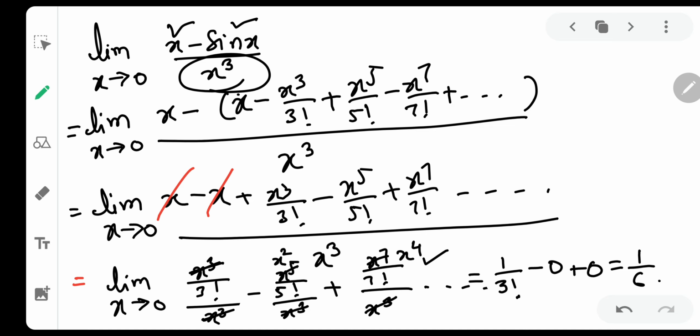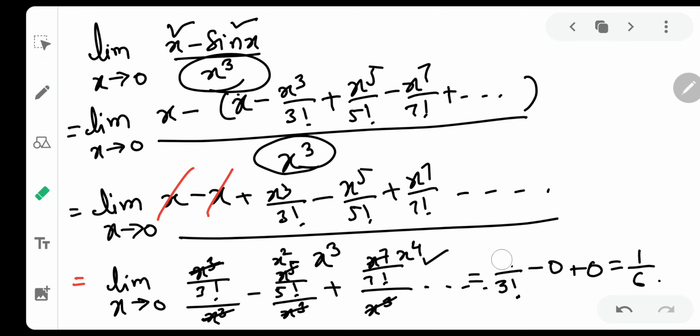Just remember, if there is x², the limit will exist, but it will be 0. How? Suppose you replace x³ by x². Instead of 1/3!, you would have x/3!, because x³/x² would be x, and x would be replaced by 0, so the answer would be 0 instead of 1/6.